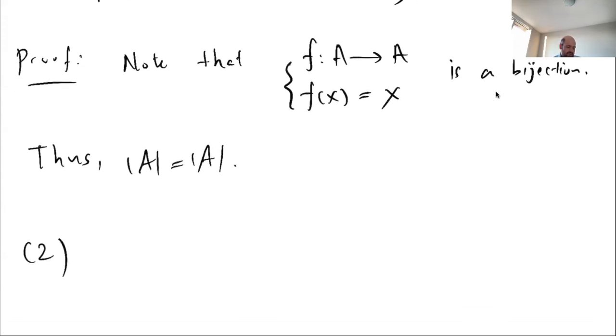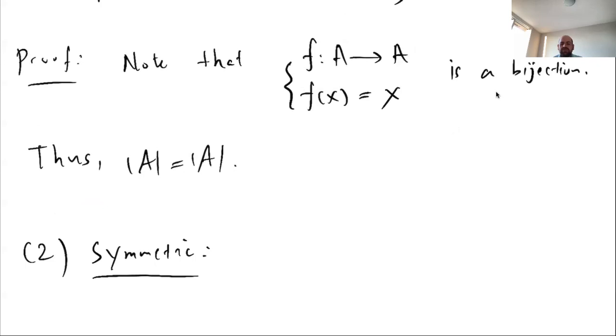Now, the second property is called the symmetric property. Again, we will define symmetric relations formally later, but for now, you probably can guess what it means.